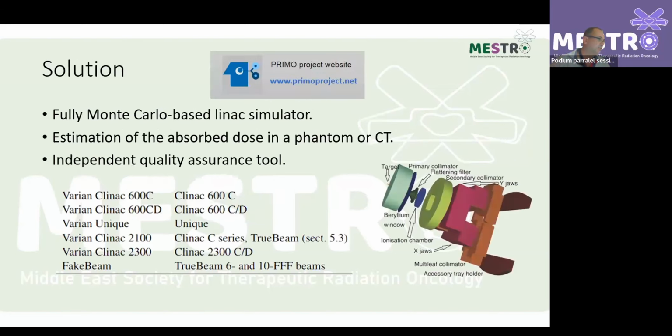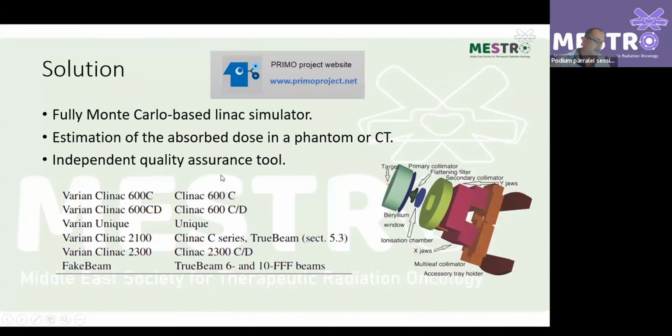So what's the solution? In my opinion, it is to use something like PRIMO, because it's a fully Monte Carlo based linac simulator. It gives a good estimation of the absorbed dose in phantom or CT. It could be an independent quality assurance tool. It's freely available.